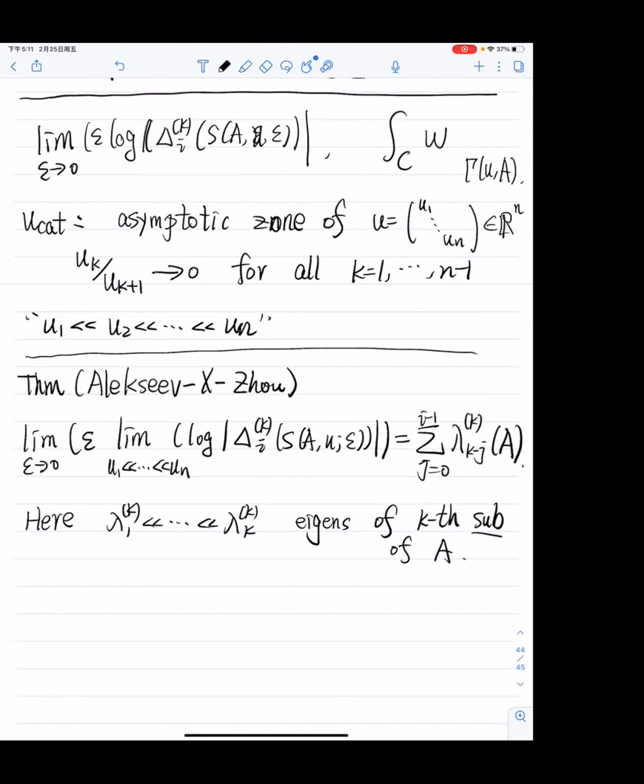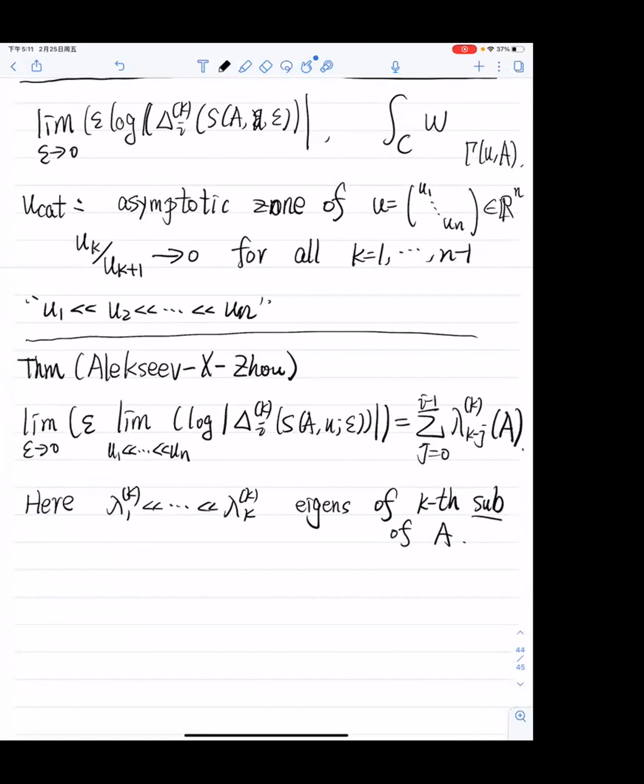So you may ask why. In general, as I said, the Stokes matrix more or less reflects some connection formula for some transcendental function. Like in the 2x2 case, its computation is equivalent to the connection formula for Kummer functions. For higher rank case, in general, people have no idea how this looks like.